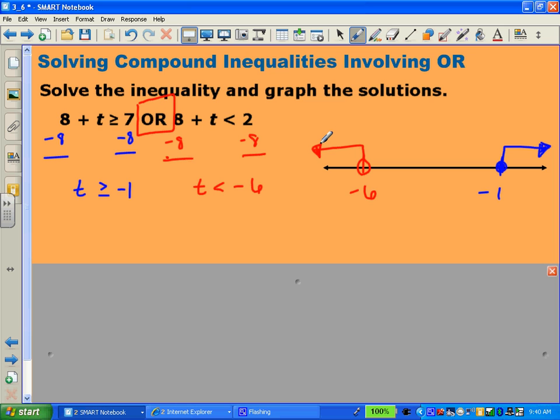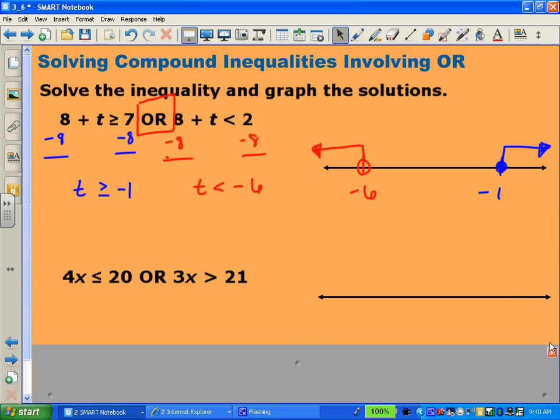Okay? Now notice here there's no overlap in the or inequality. And that's typical. That usually happens. These are called the unions. So all the numbers that are solutions of either inequality are part of our whole solution. So every number less than -6 works. Every number greater than -1 works. The only numbers that don't work are the numbers in between -6 and -1.